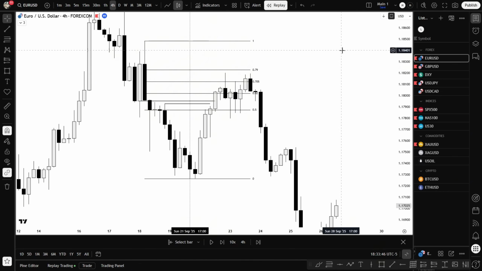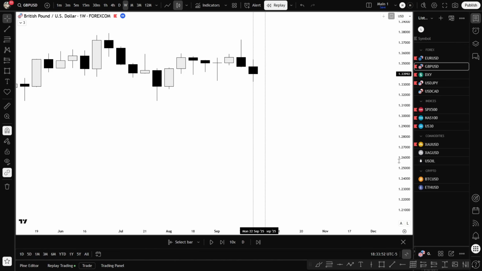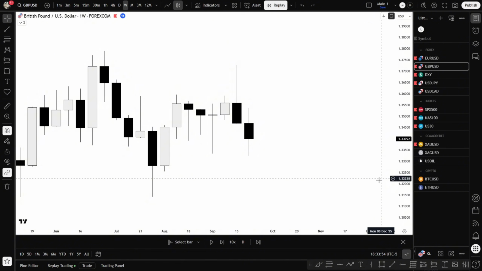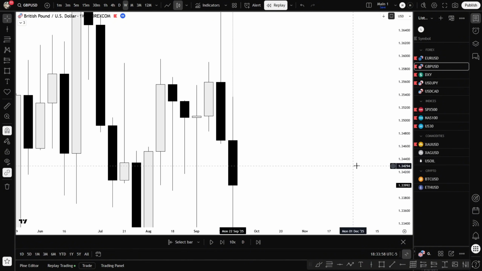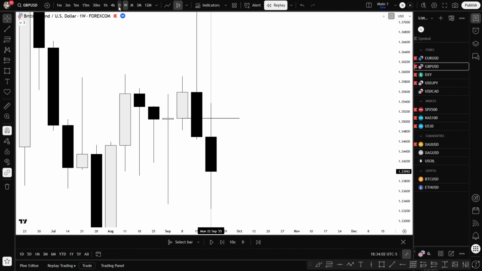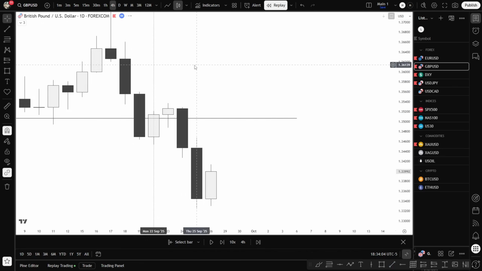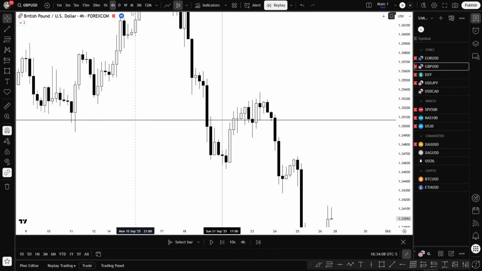Now, this is on EU, this is on GU, same thing. So we draw the opening price and we draw the target. This opening price here is a really high probability target for us. So we do the same for our discount premium and the FVG.